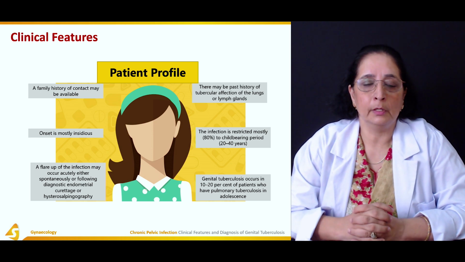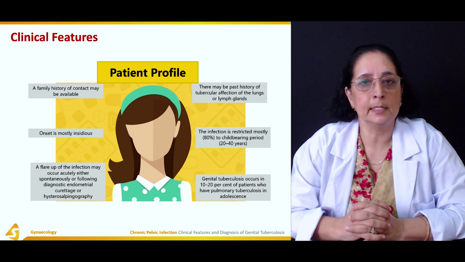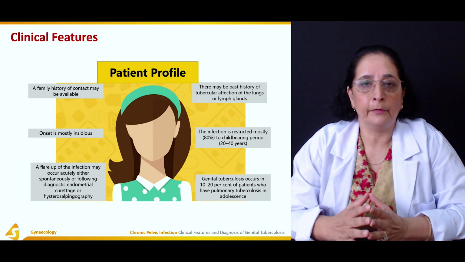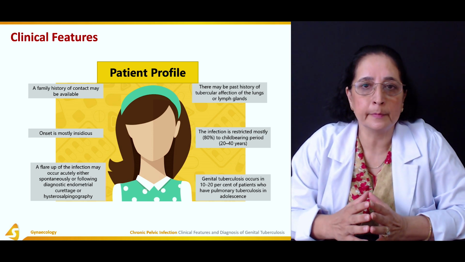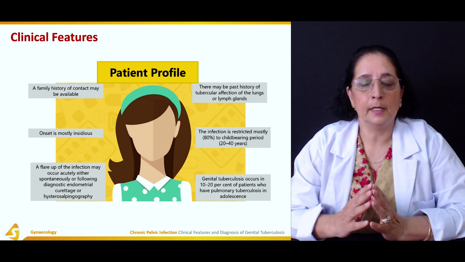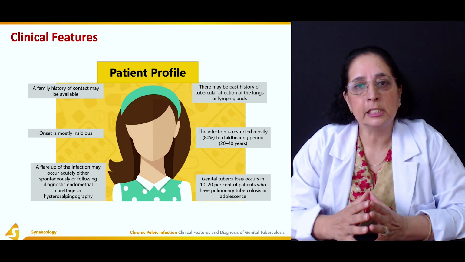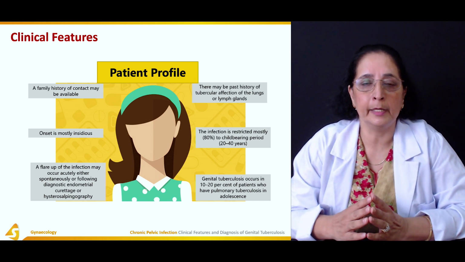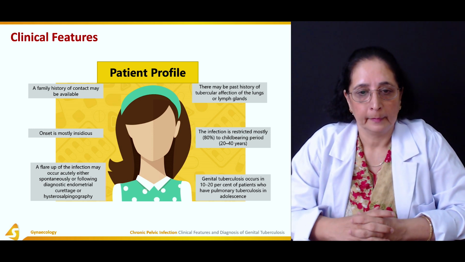Onset of genital tuberculosis is usually not acute, it's insidious and slow progressing. A flare-up of infection usually occurs after the immune system is suppressed. If there is a low immune system, then the latent tubercle bacillus, which is already present in the body, can flare up and cause acute infection.